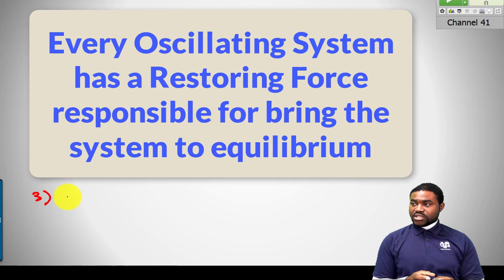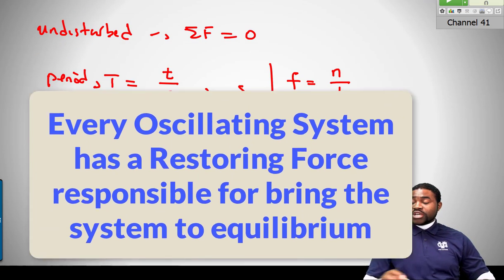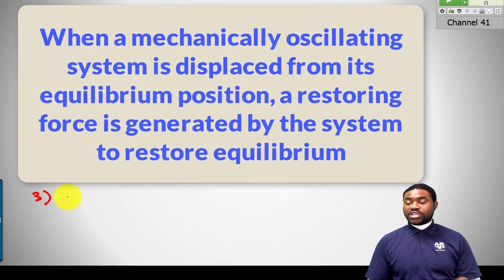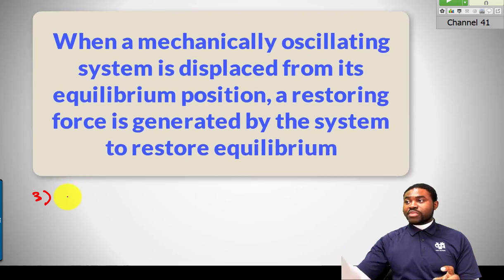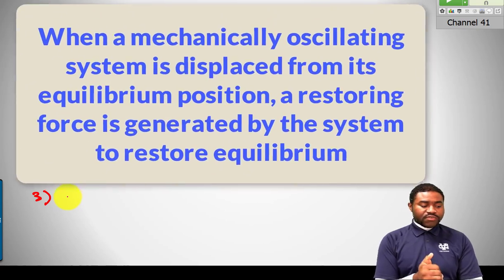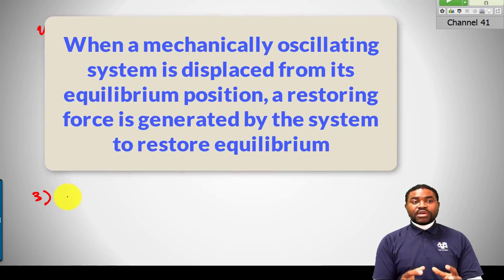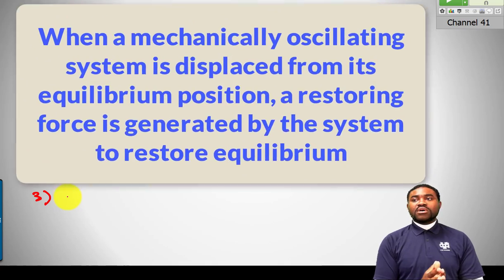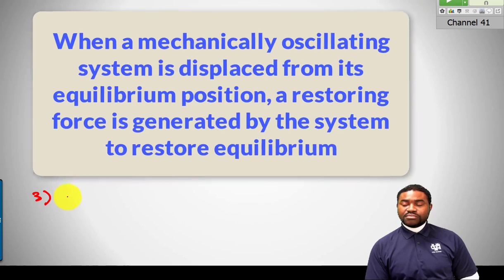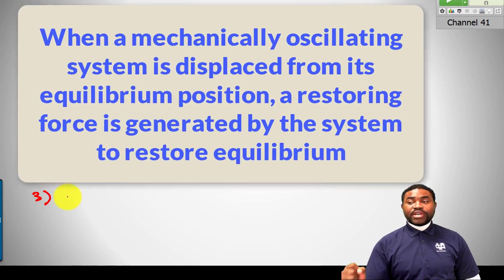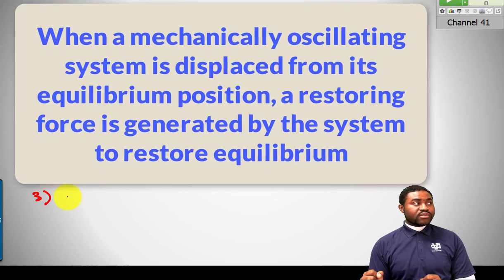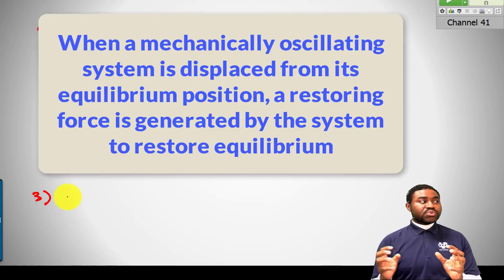When an oscillating system, it doesn't matter which, is displaced from equilibrium position, a restoring force is generated that tries to bring back the system to equilibrium. Do you understand that? Write that statement down, please.